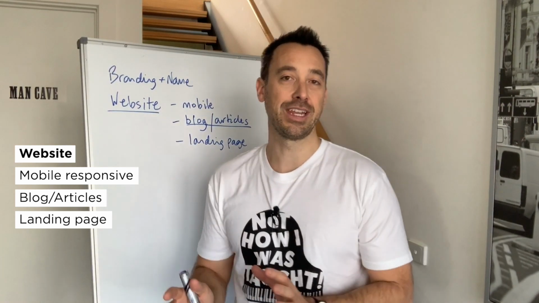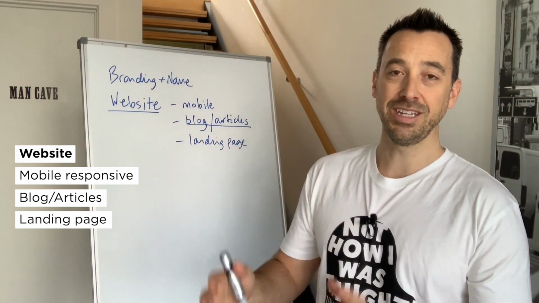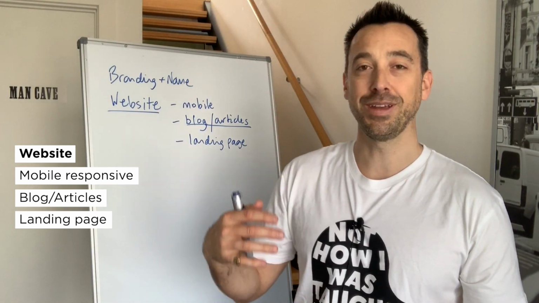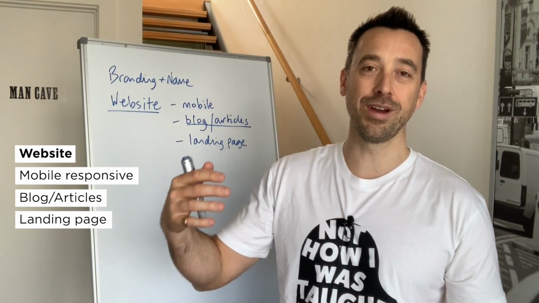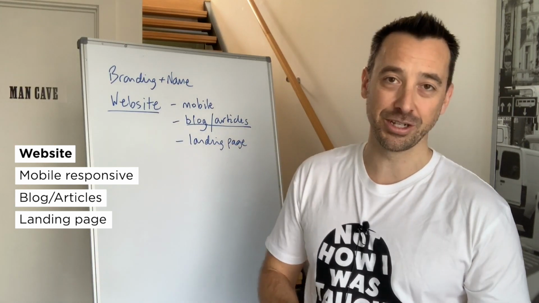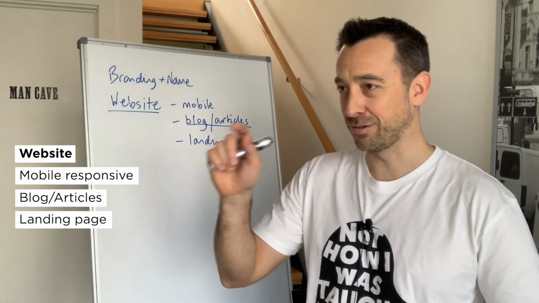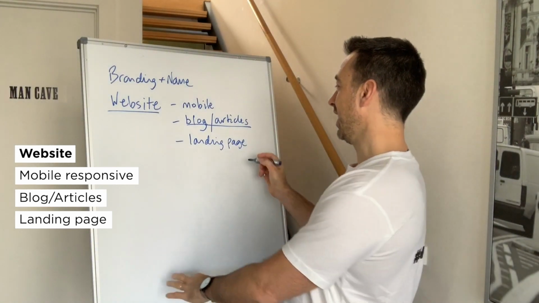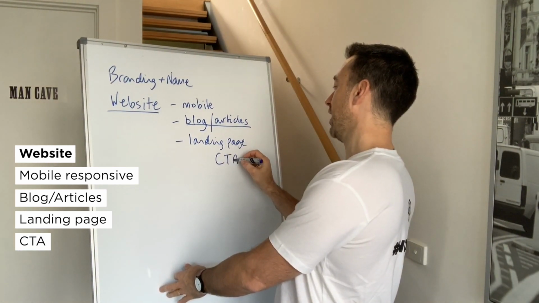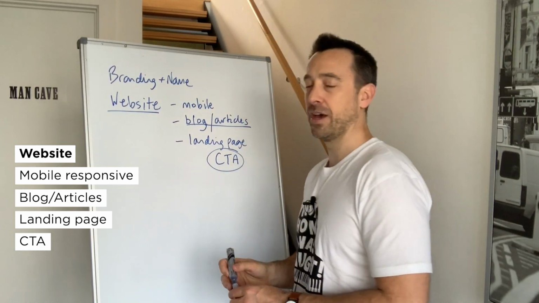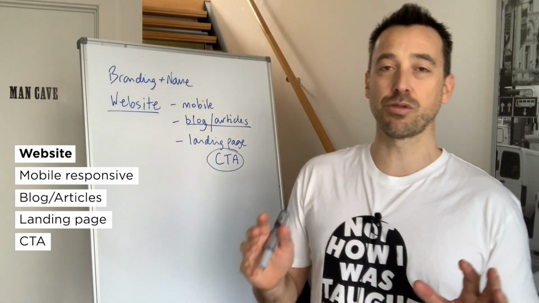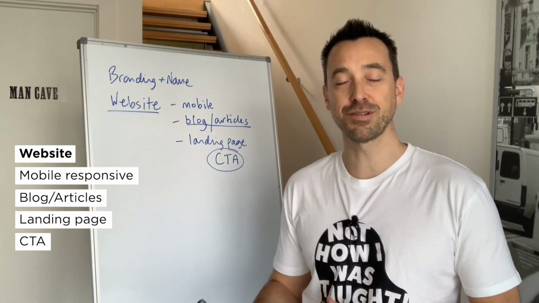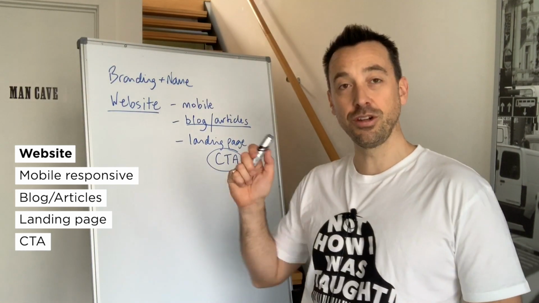And the goal of those landing pages is to convert people into a customer, hopefully, but at the first point, hoping to get them to a point where they're going to click a button on your page saying, sign up for my lessons, or find out more, or call me today, or whatever it is. We call that a call to action, a CTA. And it's very important that when you have a website that you're trying to use as a conversion method for an online business of some sort, that you have a call to action and you know what that is.